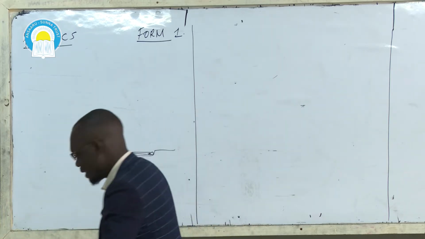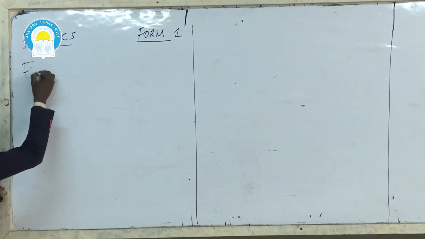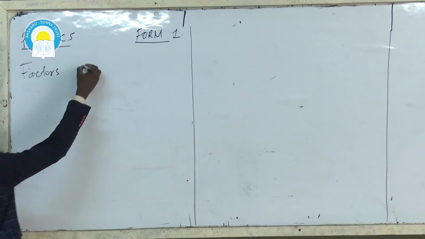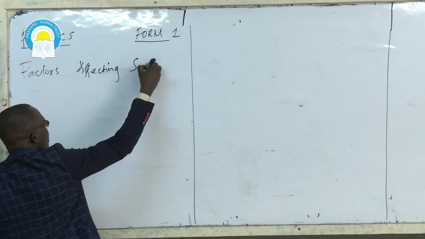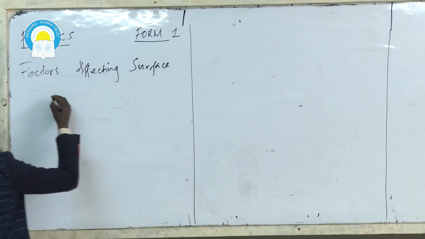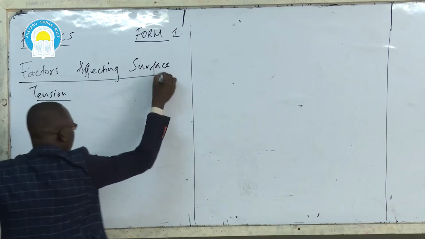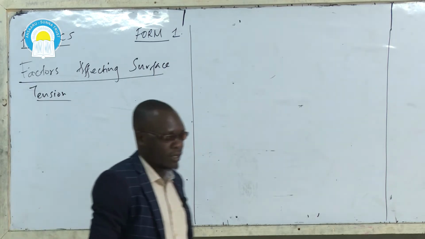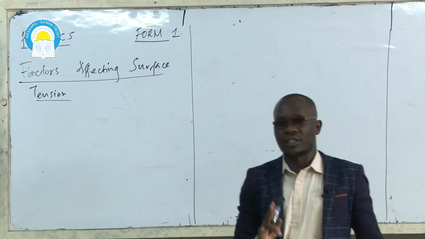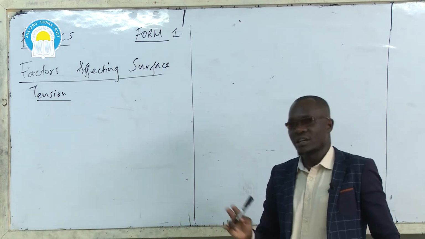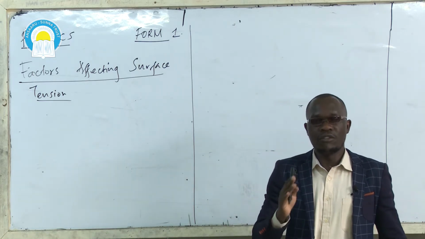Now, factors affecting surface tension. We have two factors which affect surface tension. And this is a very common question, even to the Form 4s, Form 3s and Form 2s who are viewing this.